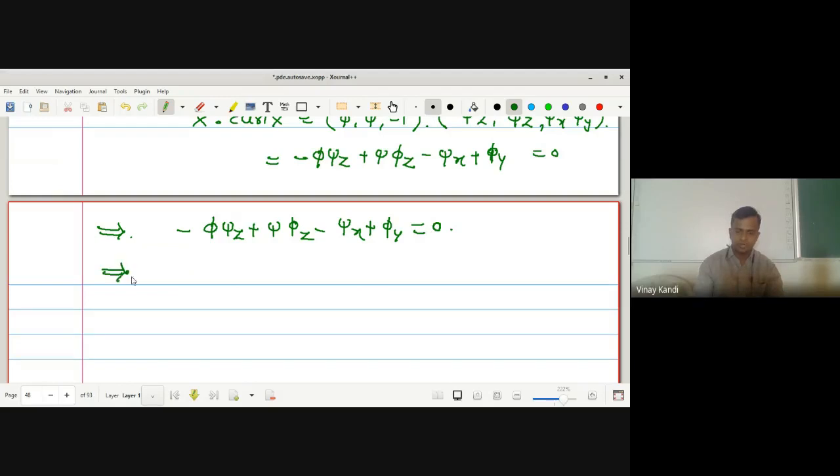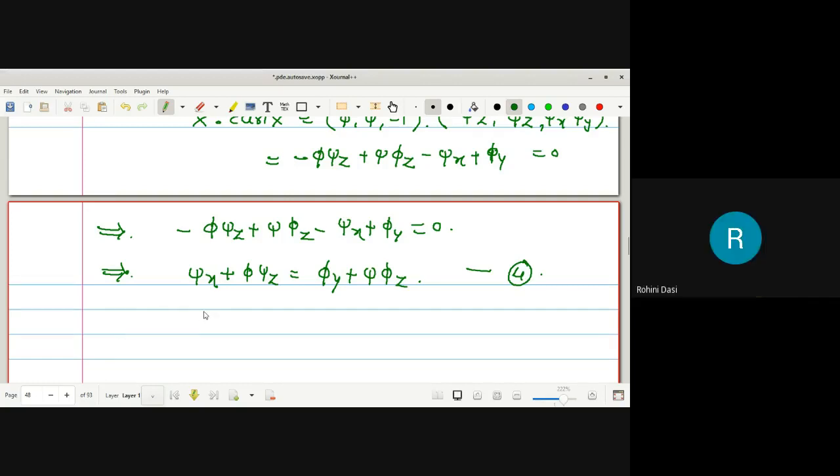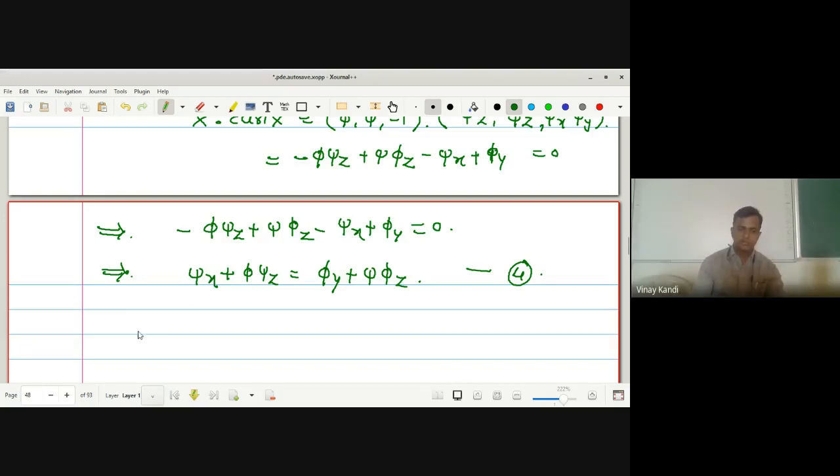This implies that, taking this to the right side, psi x plus phi psi z is equal to phi y plus psi phi z. From x bar dot curl x bar, we get this equation; call this equation number 4. Any doubt up to here? No, sir.